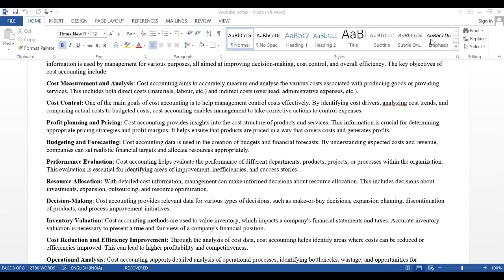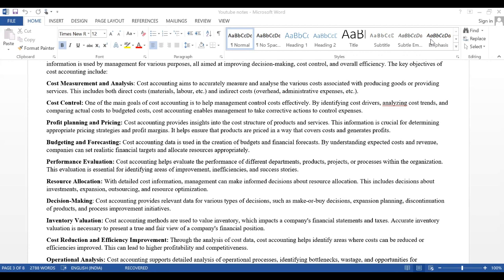So when we know the detailed information related to cost, it will help the management to take decisions related to investment, expansion, or any resource optimization. Allocation of the available resources, how you're going to allocate it, that information you will get through cost accounting.